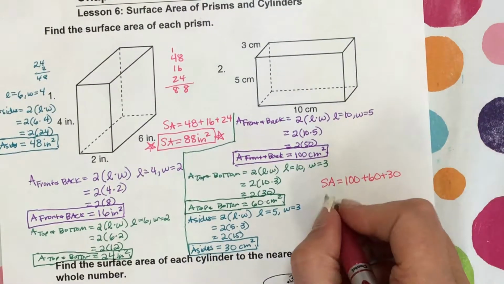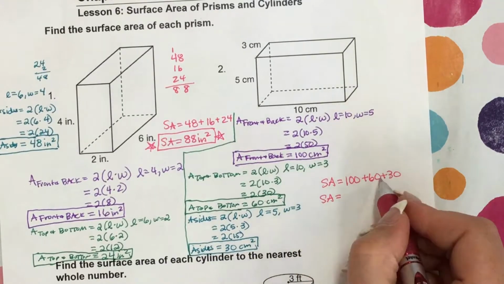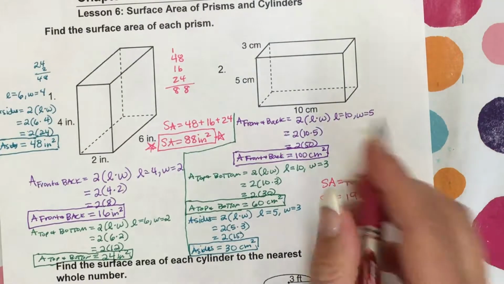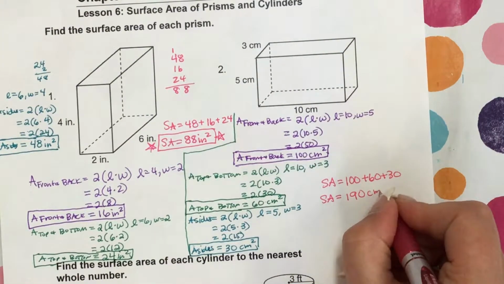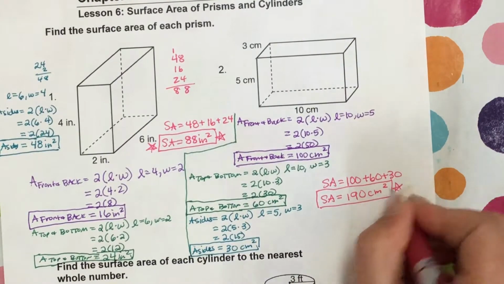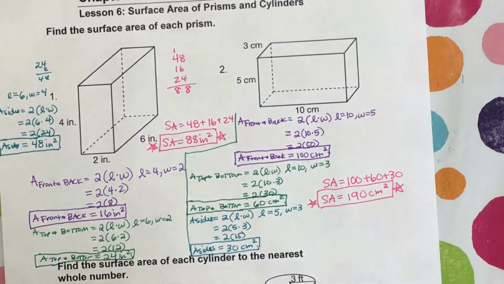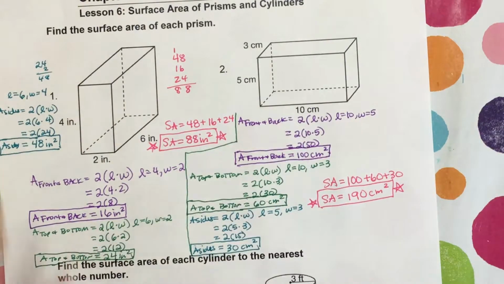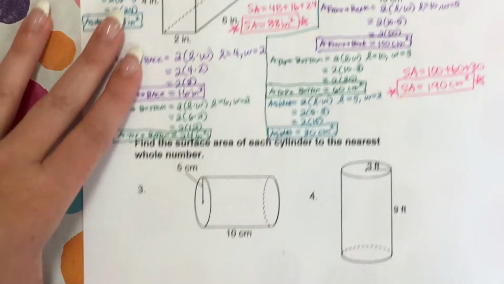And then we just add up all those numbers. 60 plus 30 is 90, plus 100 is 190. So it's going to be 190 centimeters squared. That is our answer. So if you got that right and you showed all your work and wrote all your equations down and defined your terms, great job. Okay, let's move on to the next.